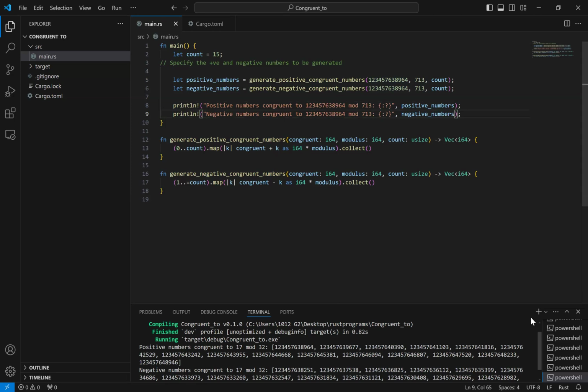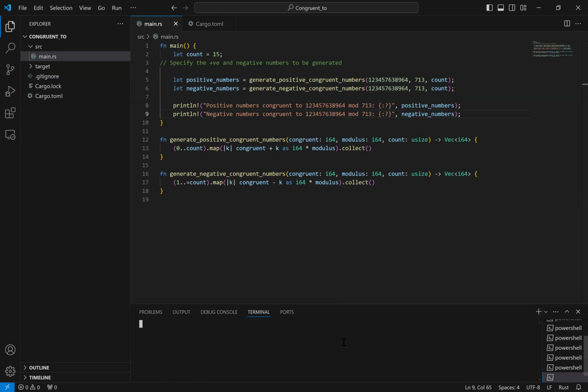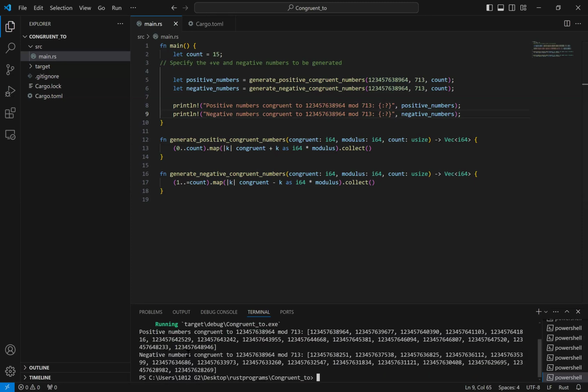Yes, if you change that, it will give you the correct thing. Positive numbers congruent to this number, mod 713, and we asked for 15 of them. There are 15 of them here. And the negative numbers, we asked for 15 of them.